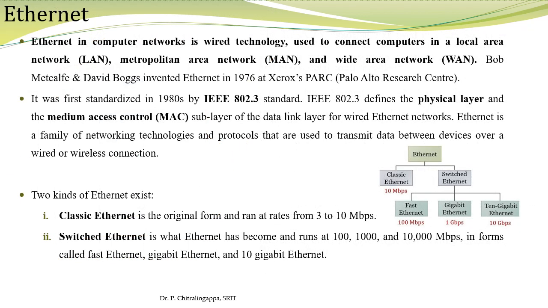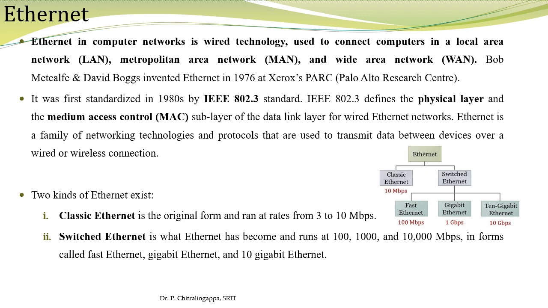Coming to Ethernet: Ethernet in computer networks is a wired technology used to connect computers in a local area network, MAN and WAN. Majorly we use the IEEE 802.3 standard, which defines the physical layer as well as the MAC sublayer. Ethernet is a family of networking technologies and protocols used to transmit data between devices over wired or wireless communication.